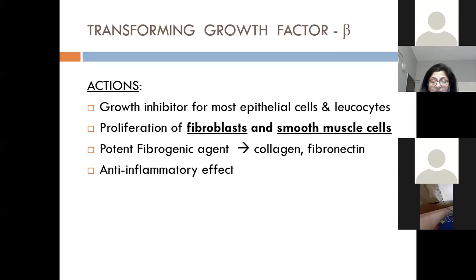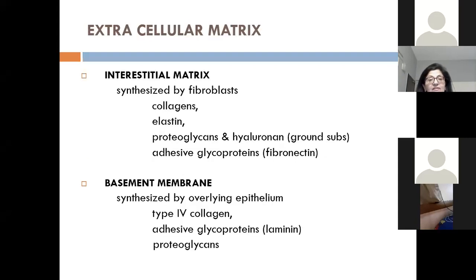So these were all the soluble growth factors, right? We talked about two types of growth signals: the soluble and insoluble. The soluble ones are the growth factors, and now we're going to talk about the insoluble signals that pass from one cell to the other cell through the extracellular matrix. What is the extracellular matrix composed of? Two things: the interstitial matrix, which is the tissue between the cells, and this is synthesized by fibroblasts.